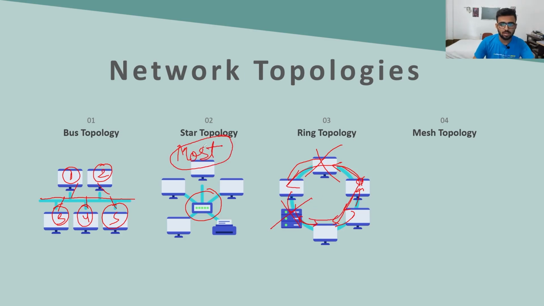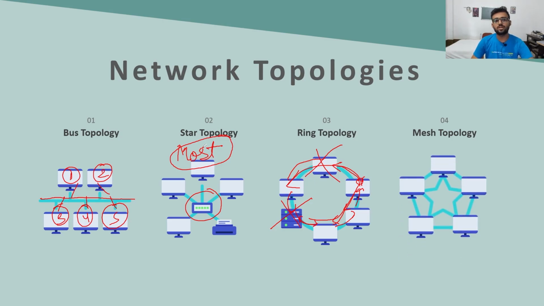So now next we talk about mesh topology. What is mesh topology? Every device is connected to every other device. This provides high redundancy and reliability. So this device is connected to this, this, and this, and every device is connected to each other.